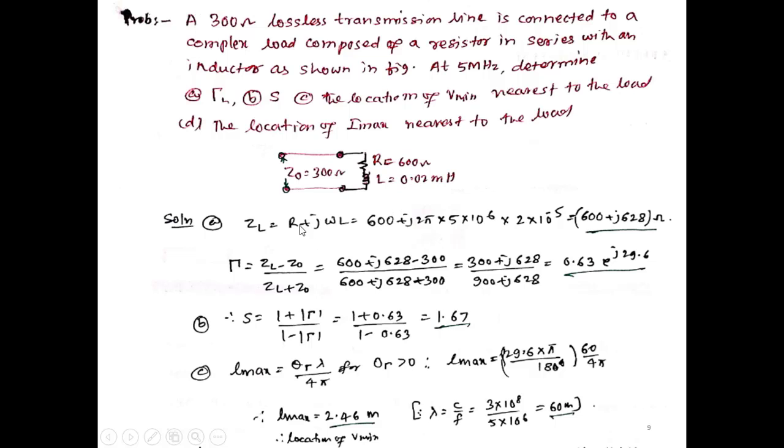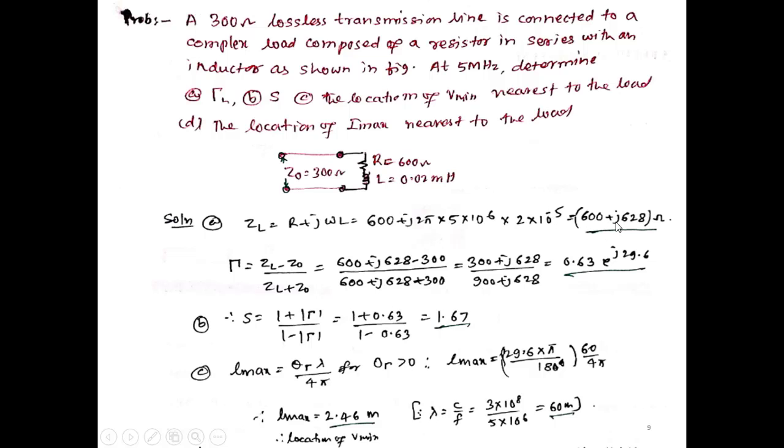Therefore, we can write ZL is equal to R plus j omega L. So ZL is equal to 600 plus j into omega, which is 2 pi f, where f is given as 5 megahertz, that is 10 raised to 6 into L, which is 0.02 into 10 raised to minus 6. We get 2 into 10 raised to minus 5.